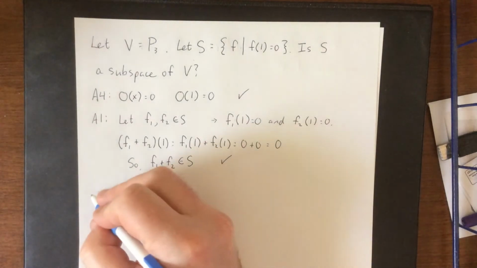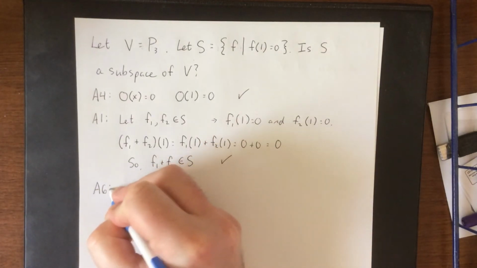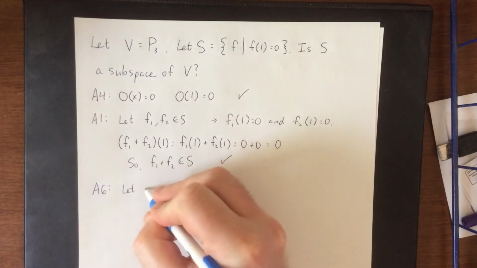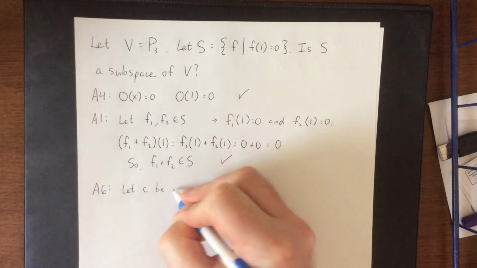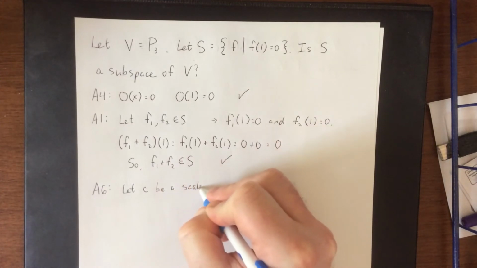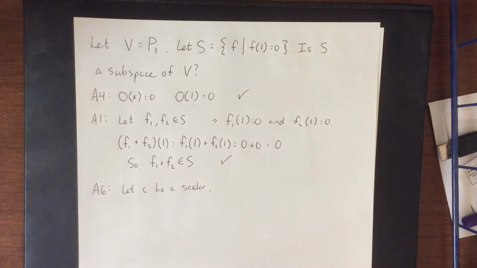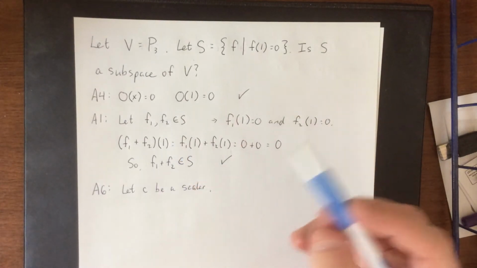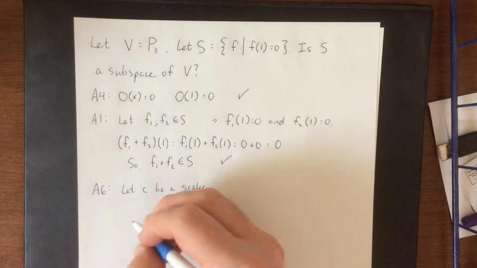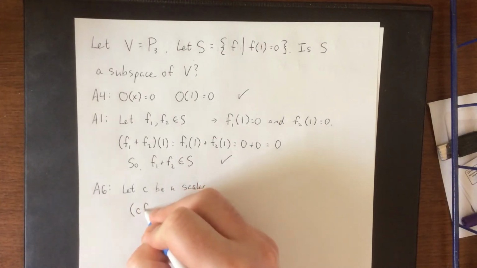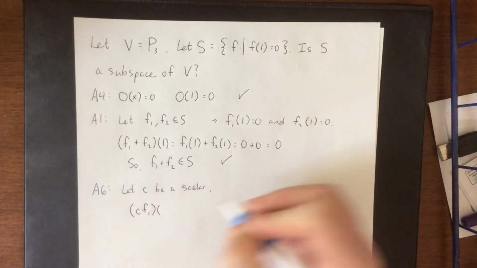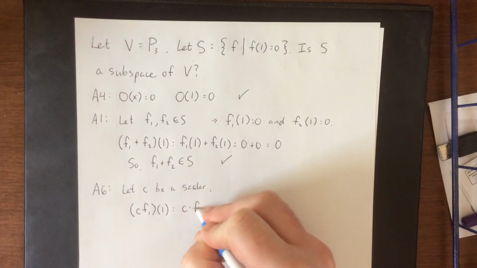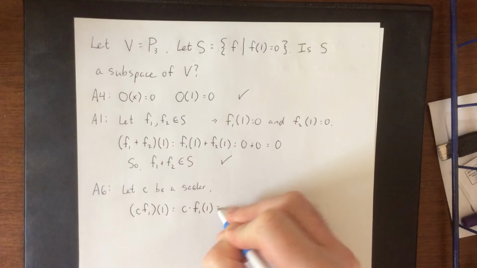Now, the third one is going to be scalar multiplication, and we need closure under scalar multiplication. So we'll let C be a scalar. We need to check to see if C times f1 is an element of S. So if we take C times f1 of our input, 1, then this is defined as C multiplied by f sub 1 of 1.